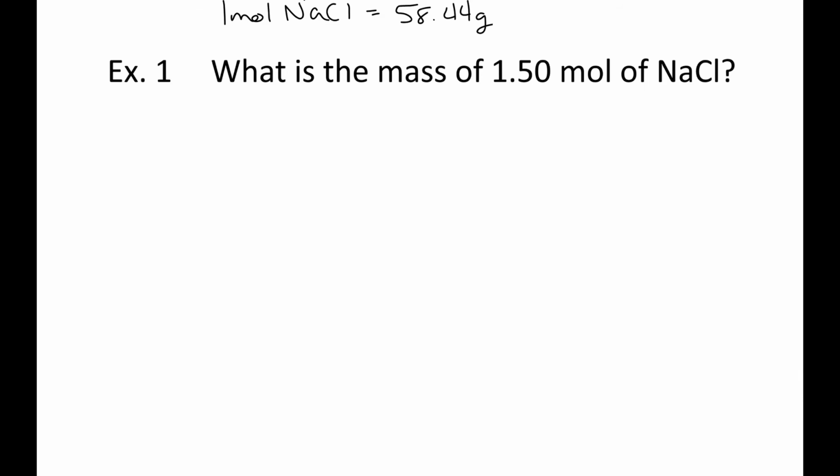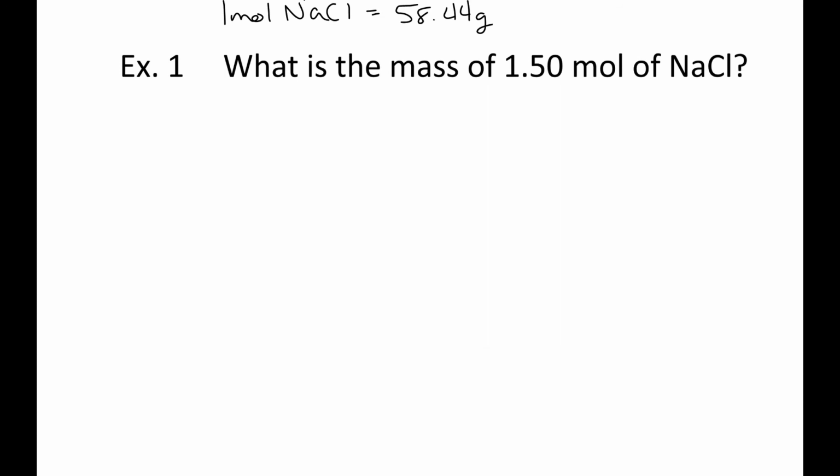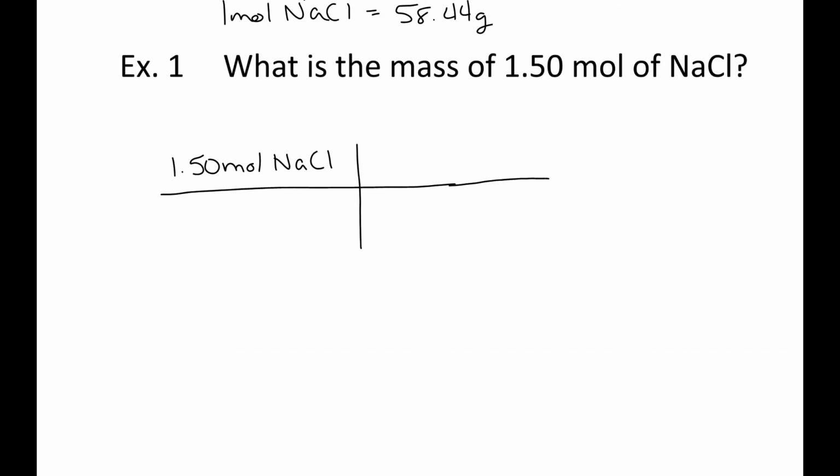So the first thing I'm going to do is put it on pen, draw my little picket fence. I'm going to put 1.50 moles of NaCl, draw my little line here, extend my picket fence, and this is my conversion factor, okay?